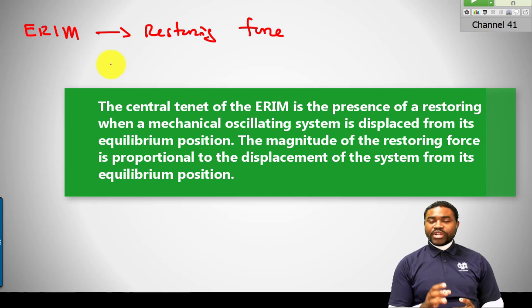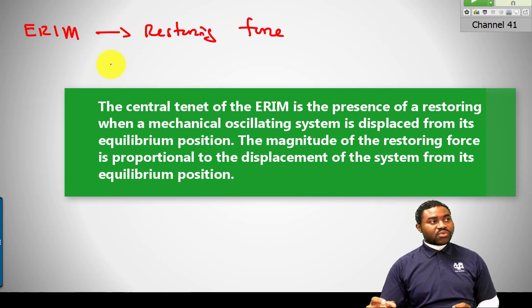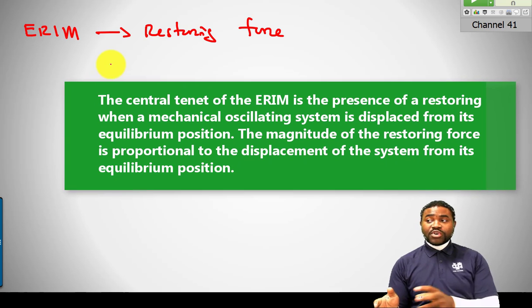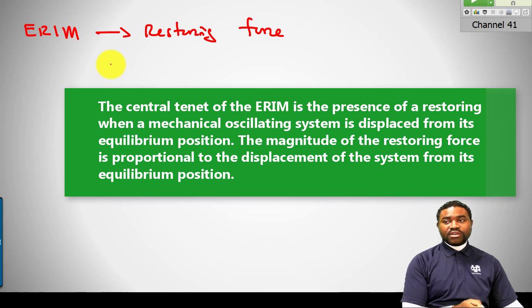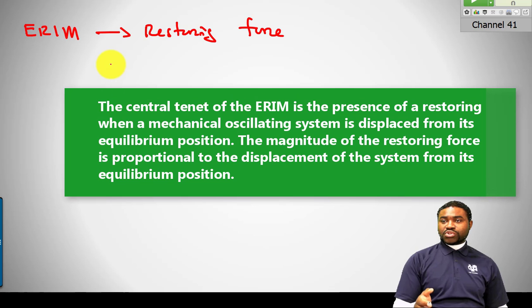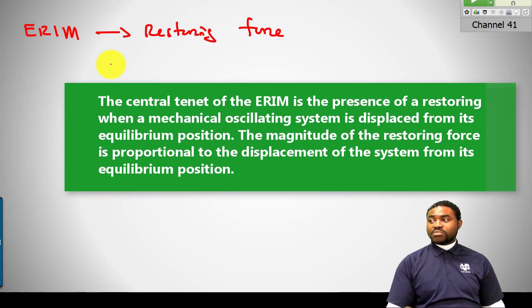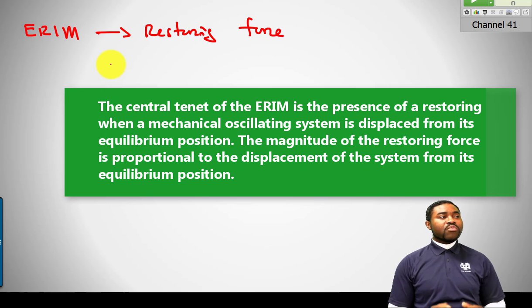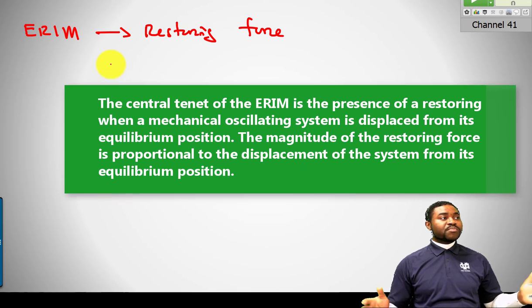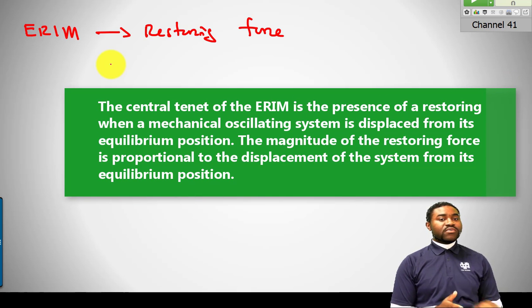Are you with me? Quantitatively, the magnitude of this restoring force is proportional to the displacement of the object from equilibrium position. Think about a spring. The more you extend the spring, the more it feels what? Stiffer. When you let go, what happens? It springs back faster. You understand that, right?